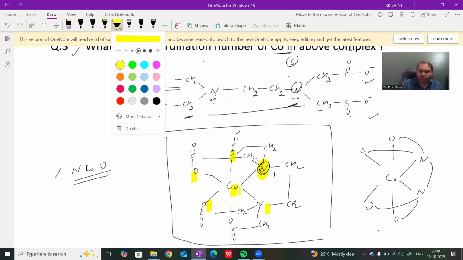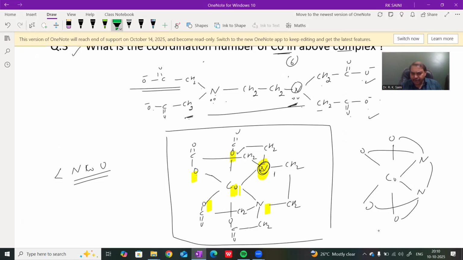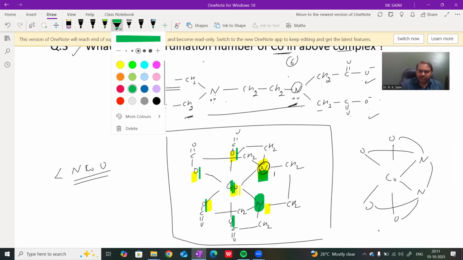Now check another 4 bonds according to the other nitrogen: NCOO bond 1, NCOO second, NCOO third, NCOO fourth. Therefore, we count the total bonds with respect to this nitrogen and the total bonds with respect to the other nitrogen.